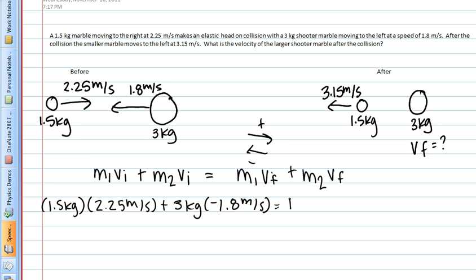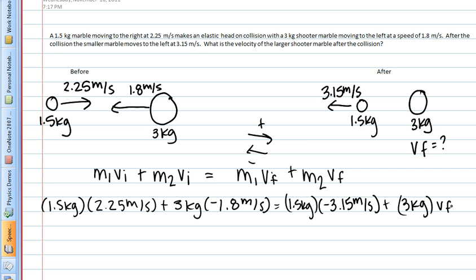That will equal mass 1, our 1.5 kg, times its final velocity, which is to the left, a negative 3.15 meters per second, plus mass 2, 3 kg, times its final velocity.